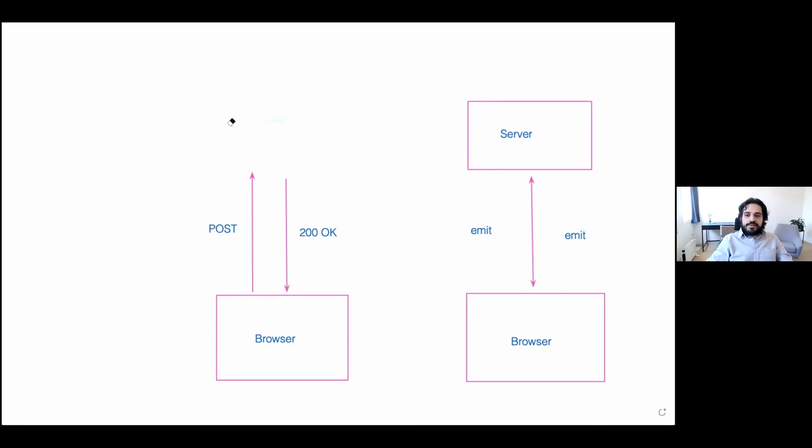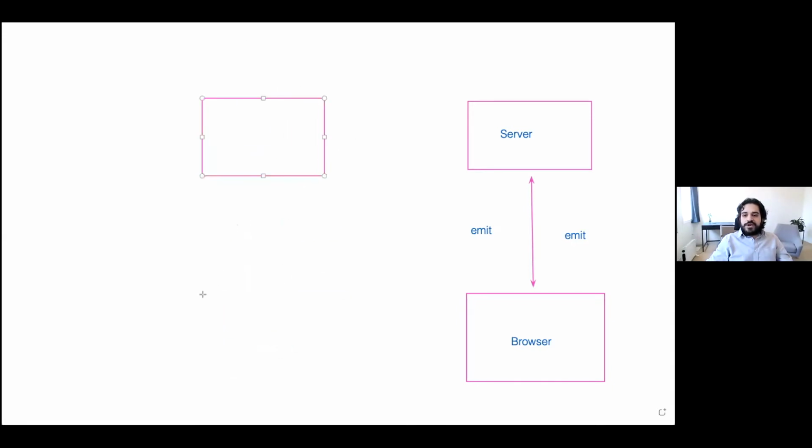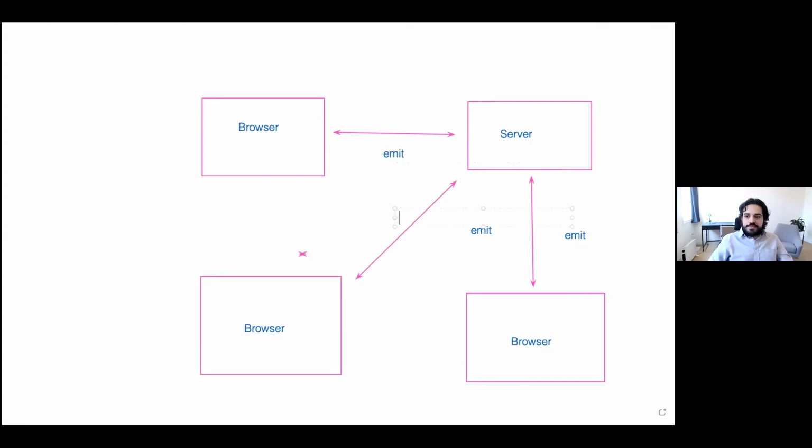If you have a chat application and you have multiple browsers, all the browsers are connecting to the server, and everybody is talking to each other using emits, up and down, up and down. They're called emits in the code as well. You're broadcasting data up and down the WebSocket.